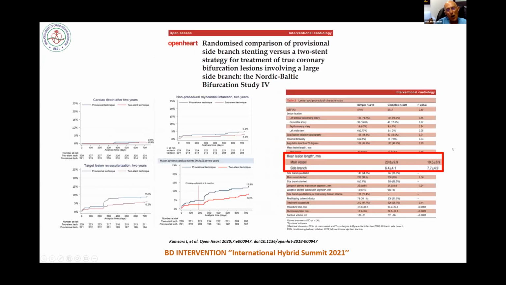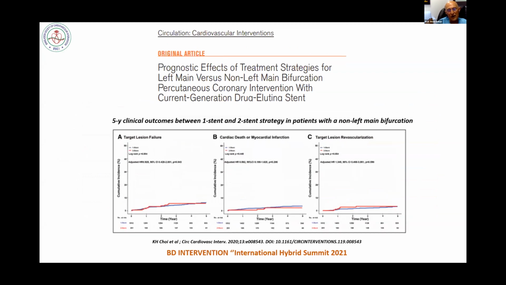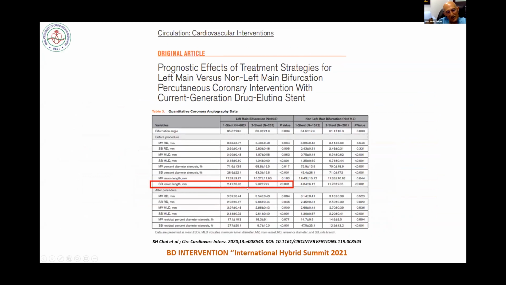So I think one of the criteria for when one stent can be enough is the length of the lesion of the side branch. When it is less than 10 millimeters, I think, yes, this is a good criterion to go for single stenting. Again, some other data coming from this study show the same: no difference if you have a lesion length on the side branch of less than 10 millimeters.